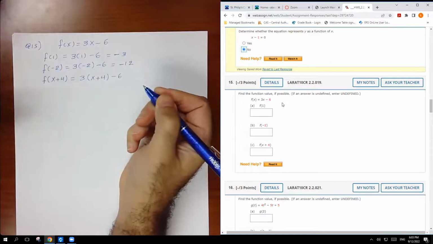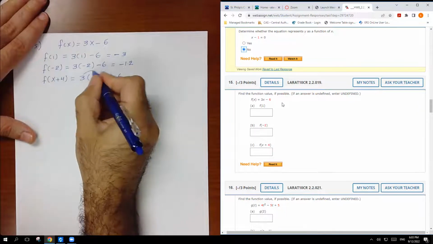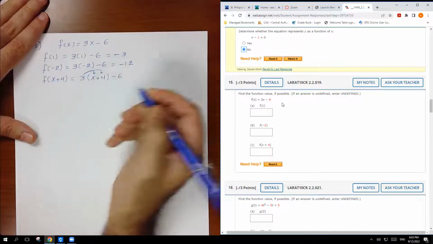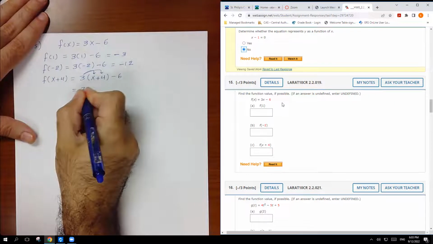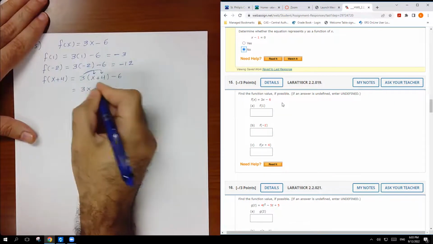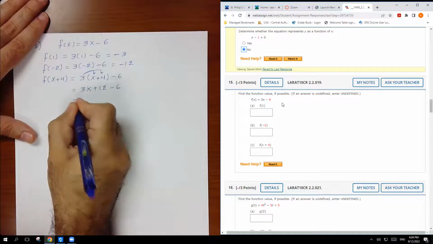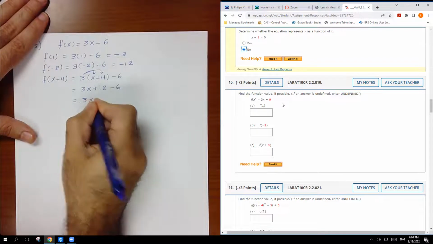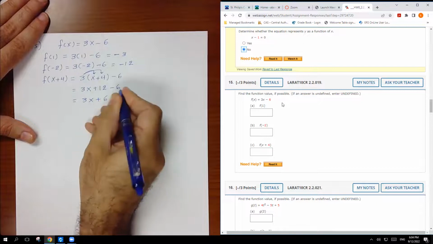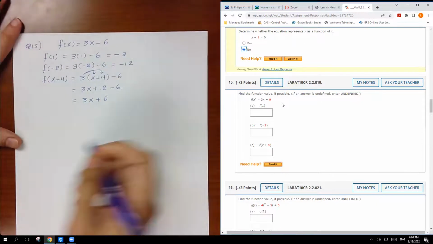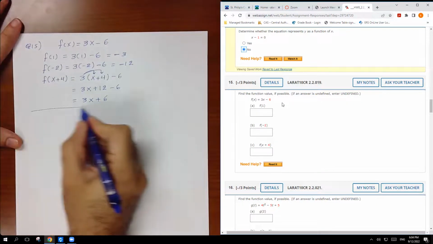Now I need to simplify this one. That means you're going to distribute here. So 3 times x is going to be 3x. 3 times 4 is going to be 12. And minus 6. And the result is going to be 3x plus 6, because you can combine these together. That's it for this example.